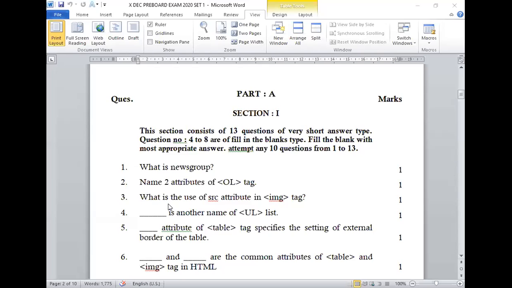Third question. What is the use of SRC attribute in image tag? Beta, the correct answer for this question was: SRC attribute stands for source. It specifies the location or path of the image to be inserted in the web page.